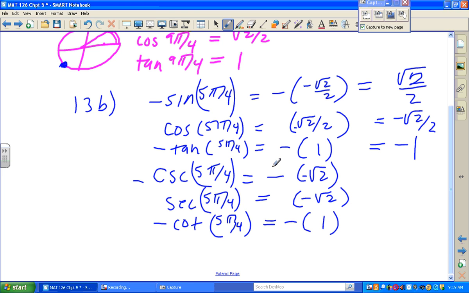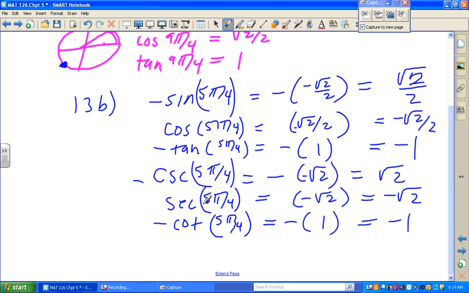So if I put the opposite of the negative square root of 2, I get square root of 2. Secant stays the same, negative square root of 2, and this becomes negative 1, because it's an odd function and I took the negative out. Okay?